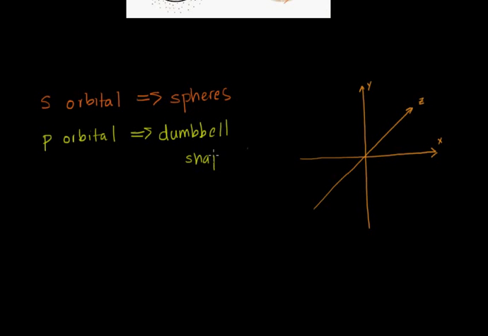And we will not discuss why they're dumbbell-shaped, you just need to know that they are. And so why don't we sketch in three-dimensional space what these orbitals look like. And so this 1s hydrogen orbital looks something like this. If the center of those axes is the nucleus, the origin is the nucleus, this sphere represents the 1s orbital.